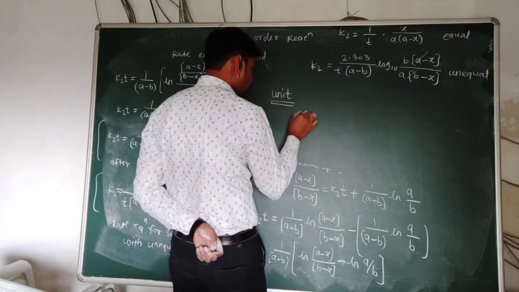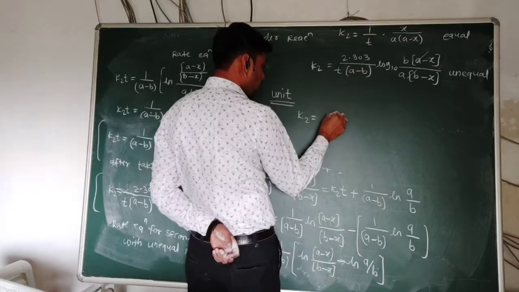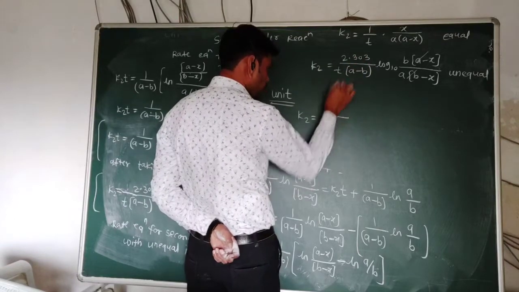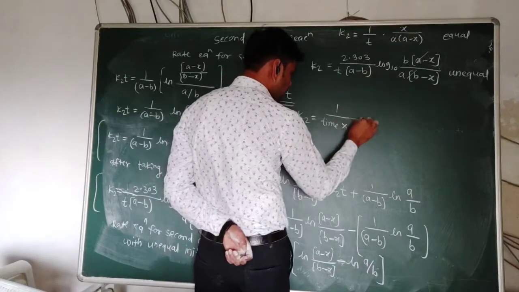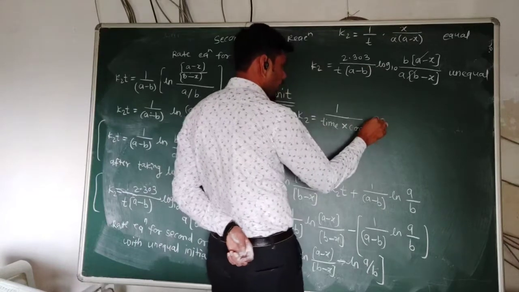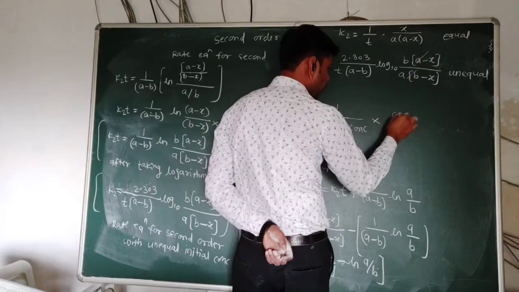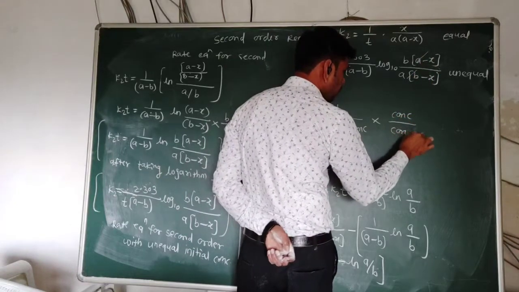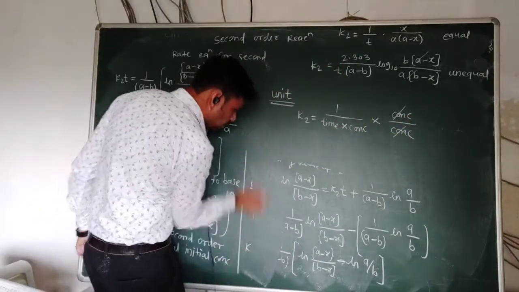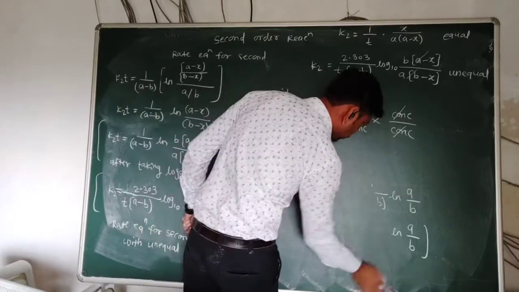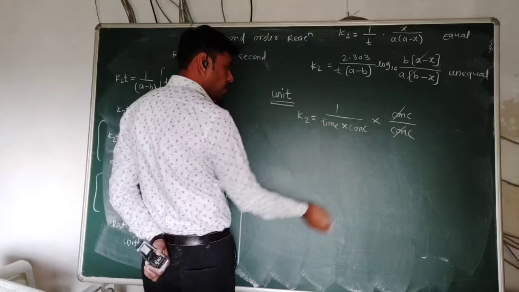Then the unit for K2 we can write as 2.303, 1 upon unit of time into unit of concentration. So the concentration units get cancelled. When these units get cancelled, the unit becomes time inverse and concentration inverse.